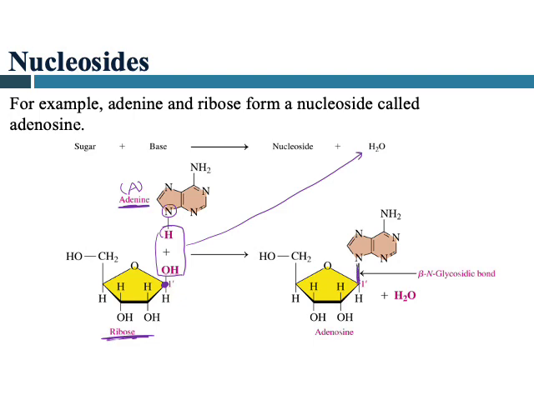And then we know that when a carbohydrate makes a bond like this we call it a glycosidic bond. We talked about this bond in the carbohydrate chapter. And this is a beta glycosidic bond. Why? Because this OH is on the upside, so this is a beta isomer. This sugar is a beta isomer of ribose, right?